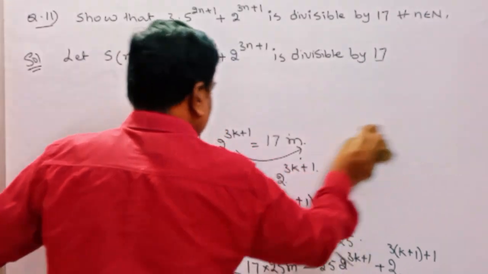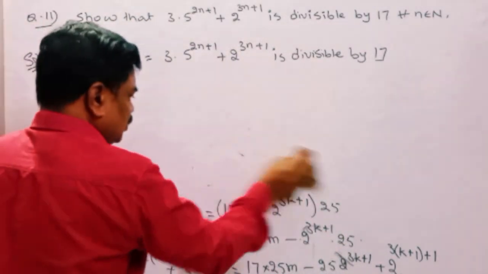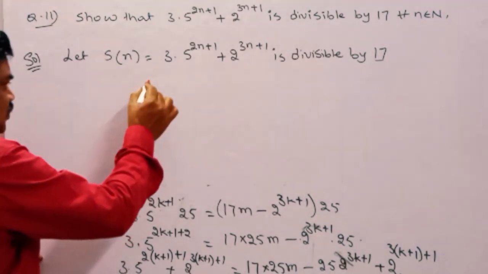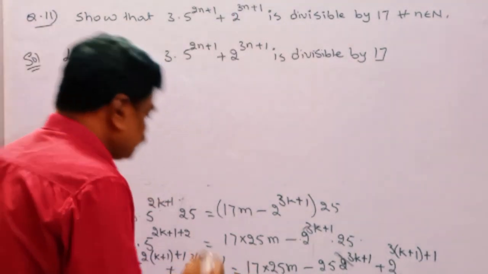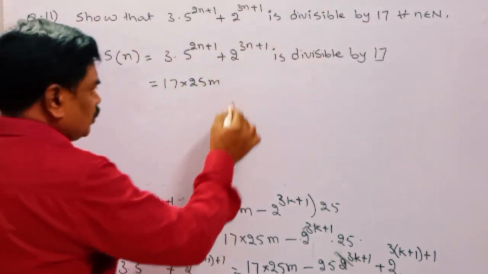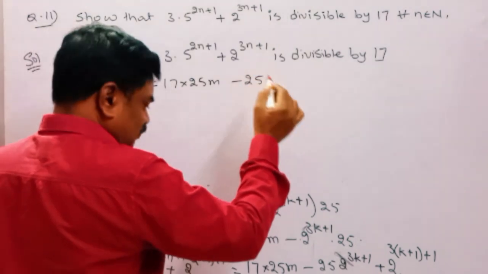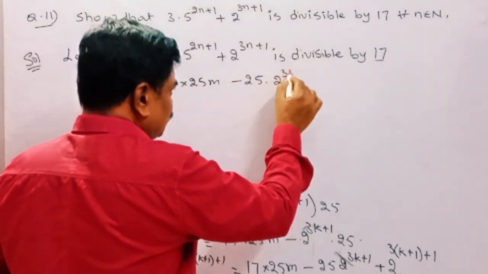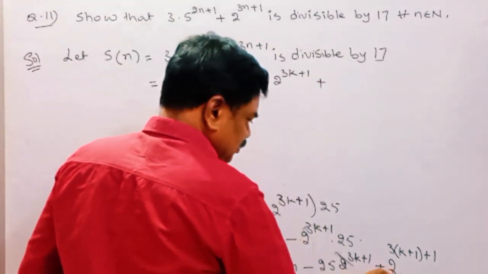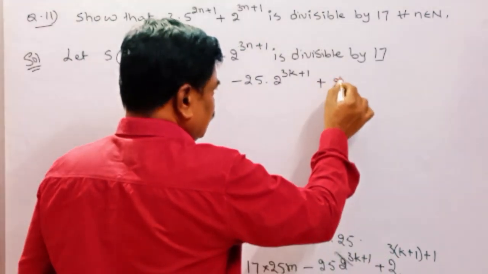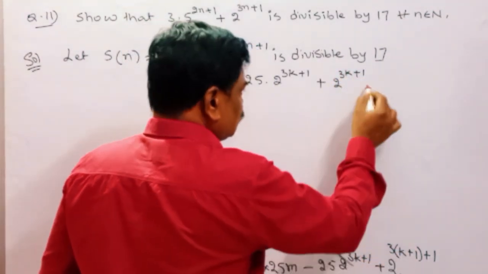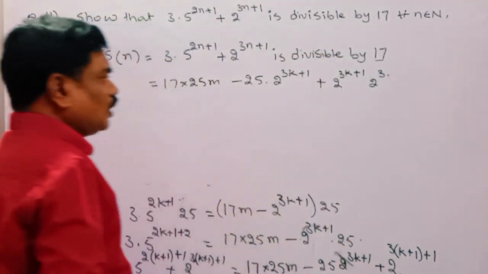So this is equal to 17 into 25m minus 25 into 2 power 3k plus 1 plus 2 power 3k plus 1 into 2 cube.